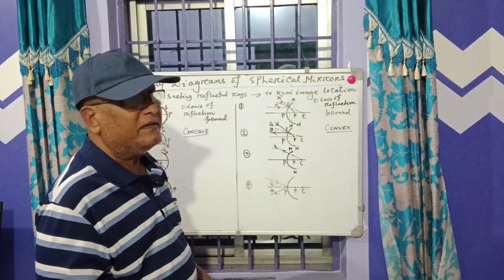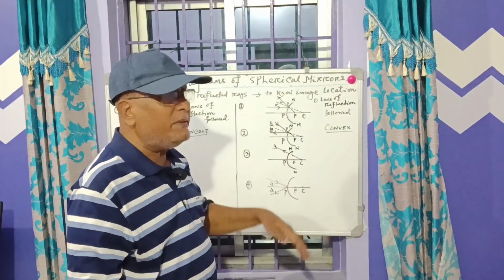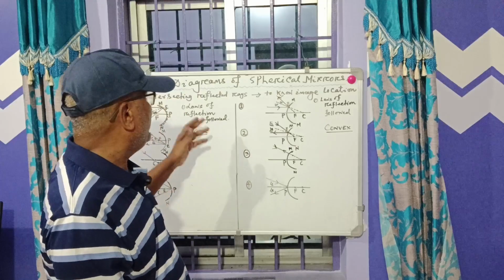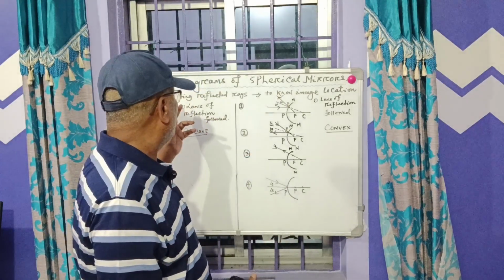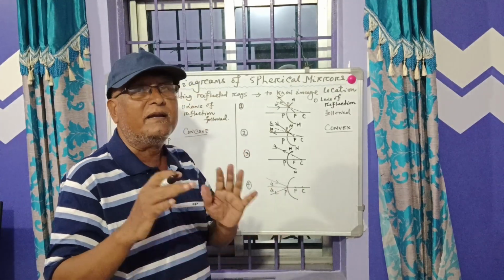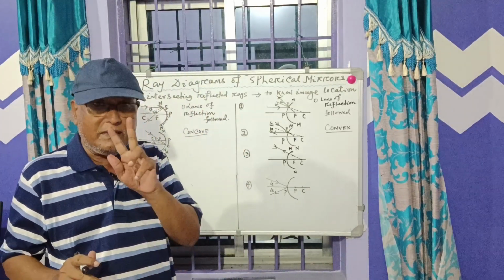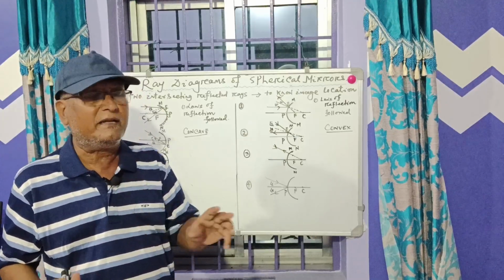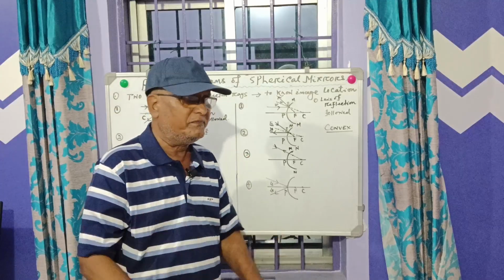So to locate the image or to know the image location, we have to know two intersecting reflected rays. So at least two intersecting reflected rays are required to know the image location.